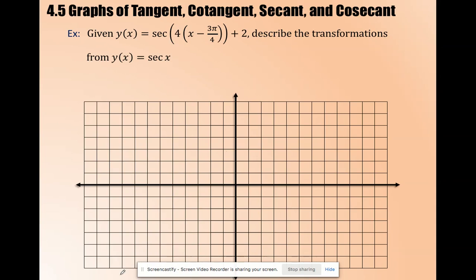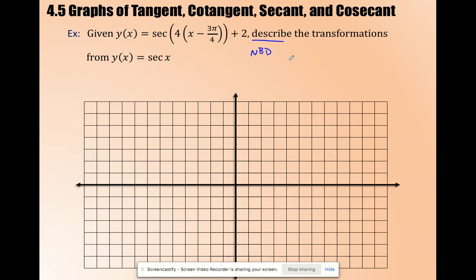So this is the actual only new topic that you didn't do last year. Notice the question only asked me to describe the transformation. It does not ask me to graph. Hint, I'm going to add that. But if you are just given this question, you just describe the transformations, and this is no big deal. Transformations are transformations, right? You've been doing that. We made you write those out for lines, and then quadratics and exponentials.